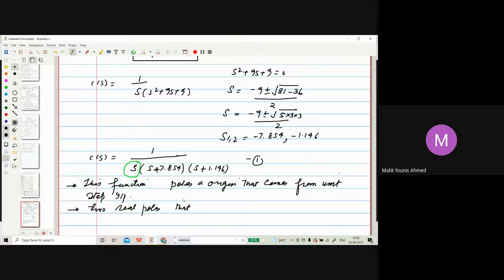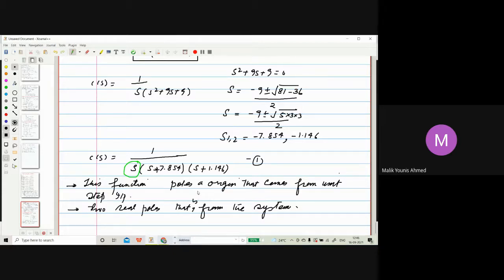Those terms should be clear. Whatever I am explaining in the previous lectures, they should be clear. So two real poles will come from the system itself. System means from the transfer function.